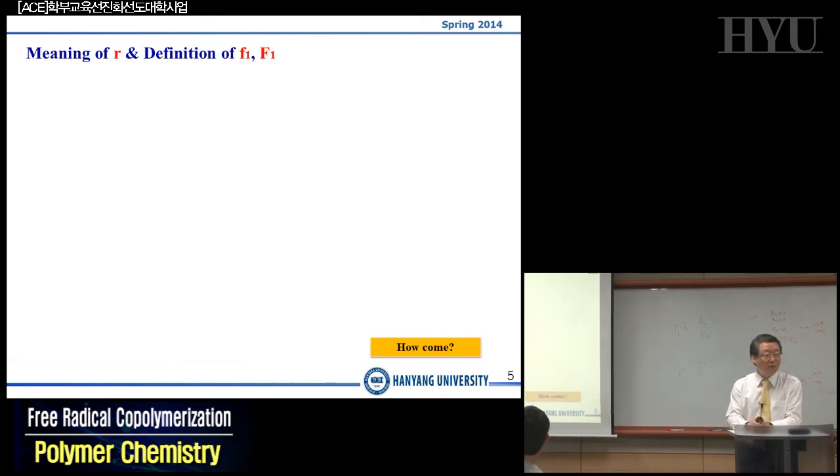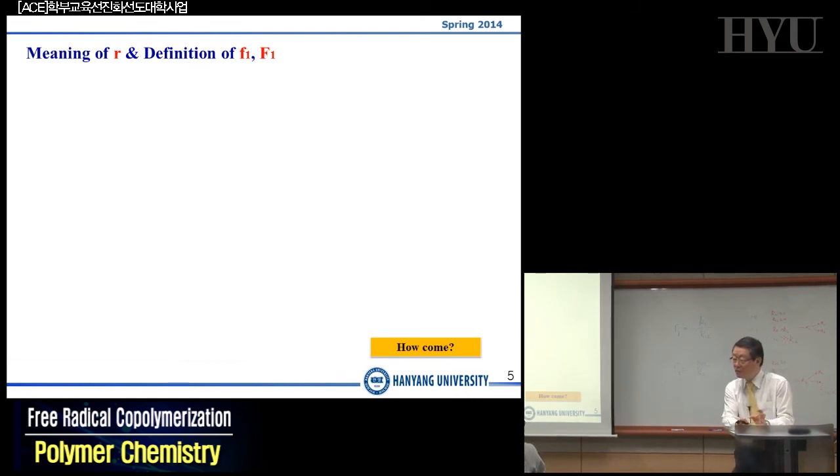I've written down small f1 and large F1. Small f1 is the monomer feed ratio, and the large F1 is the polymer composition, the composition of the monomer 1 unit in your copolymer systems.